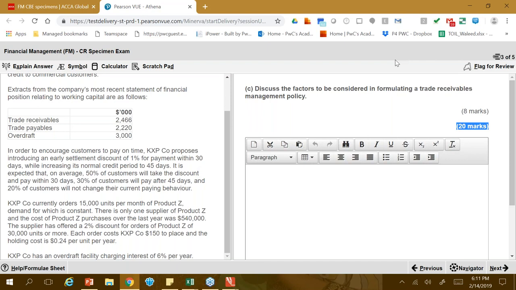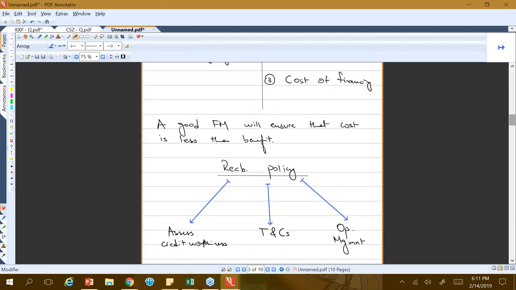Yes, so people who are giving me this answer, where you're telling me that we will go with the headings. There are 3 headings here: assess creditworthiness, terms and conditions, and operational management of the receivables. These are the 3 headings which I'm going to create. And then I'm going to talk within these 3 headings.